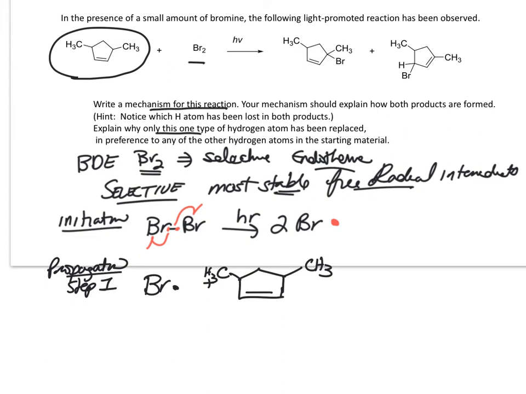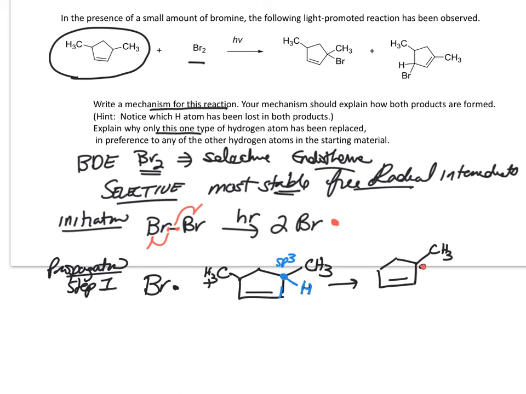So the most stable free radical will be the one that takes this hydrogen at that sp3 carbon right next to your carbon-carbon double bond. And this will generate an allylic free radical.